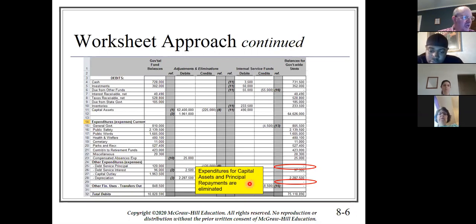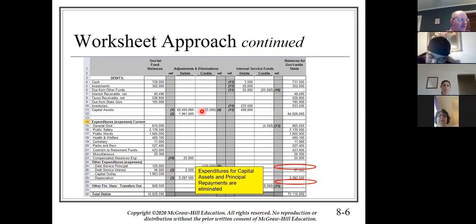But what did the general fund record when they purchased it? They recorded it as an expenditure. And if it's going to be on accrual basis, then that expenditure has to be removed because now they'd be double counting it.